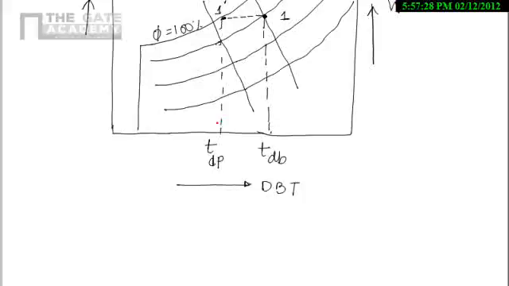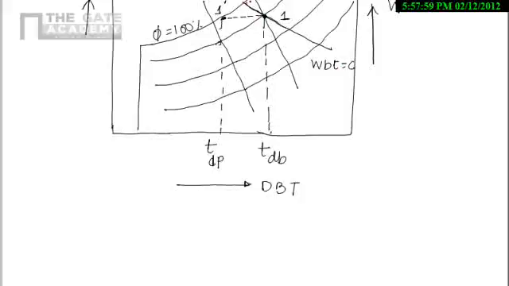Now we have to find out wet bulb temperature. For wet bulb temperature, we have to go along constant wet bulb line. So at point 1, I will draw the constant wet bulb line. This one is the constant wet bulb line, or we can say constant enthalpy line. Wet bulb temperature is constant, so now we have to move along this line.